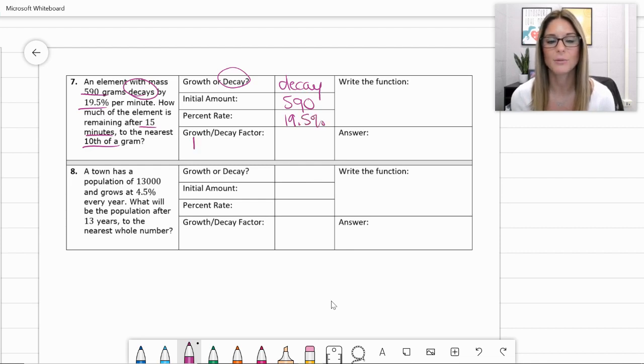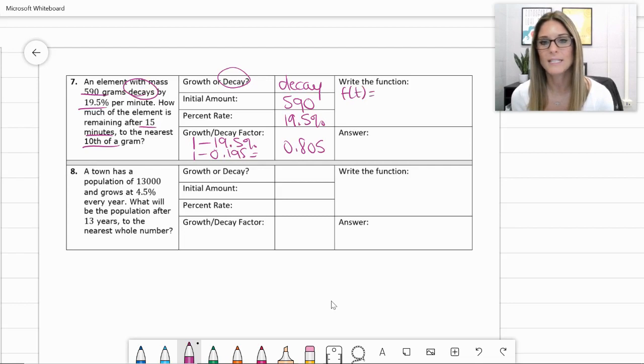Now this is decay, so we're going to do 1 minus the 19.5%, or 1 minus 0.195, gives us 0.805. Let's write our function. F of t equals the initial amount, 590, times our decay factor 0.805, raised to the time.